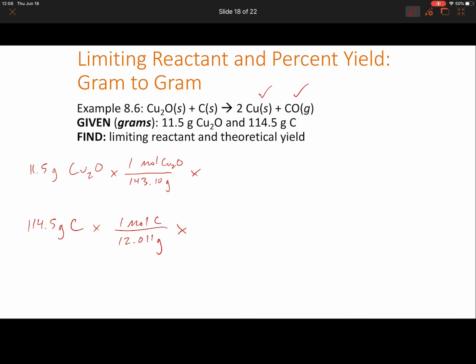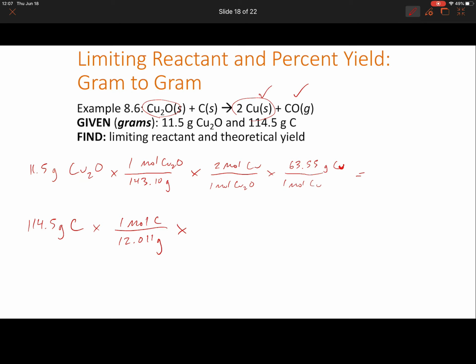So I'm going to relate my moles. 1 mole of copper 1 oxide gives us 2 moles of copper. In this case, let's go one more step and say 1 mole of copper has a mass of 63.55 grams of copper, Cu.